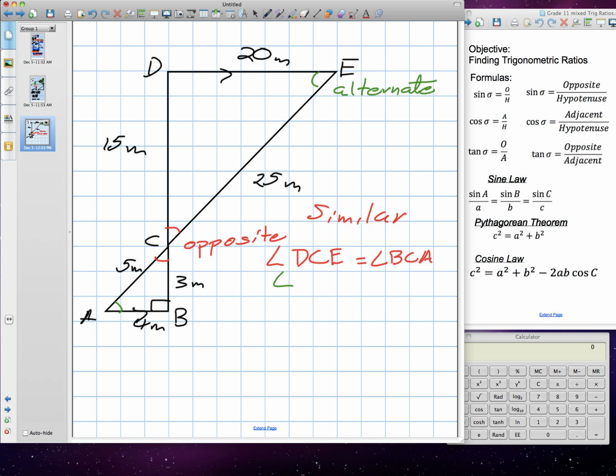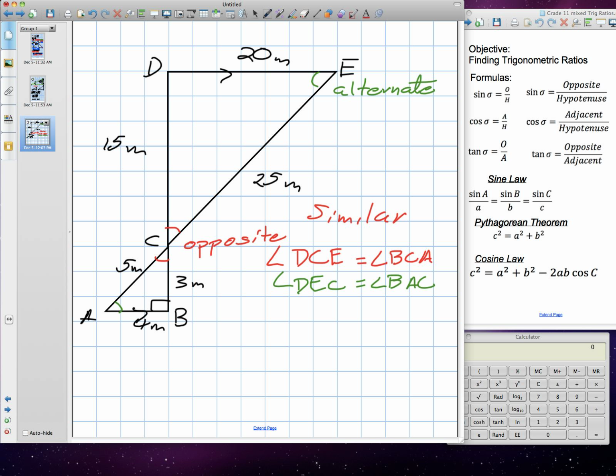Those are alternate angles. So in other words, angle DEC, so it's in the triangle, DEC is equal to BAC. We know those angles are the same.